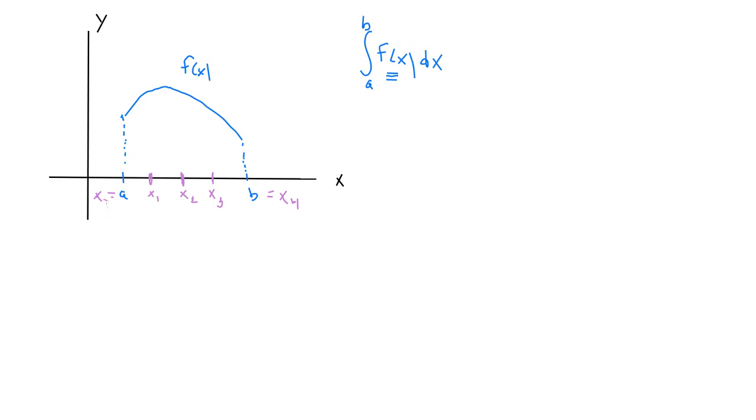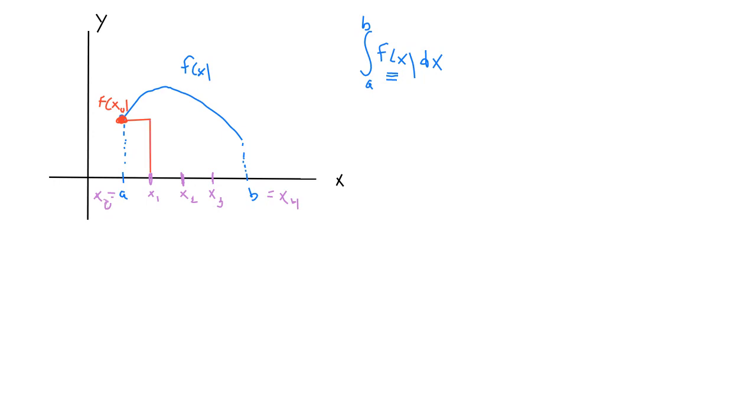The question is, of course, how do we determine the heights of our rectangles? Well, what if for the first rectangle I were to use f of x sub 0 as the height?